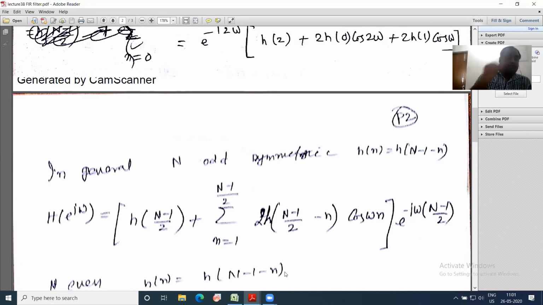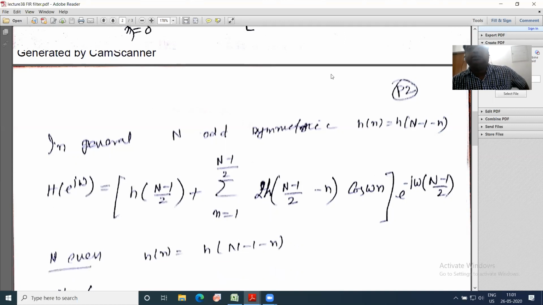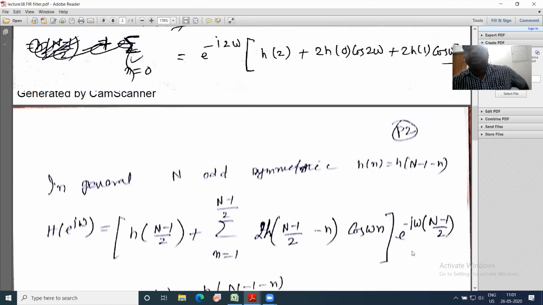You check whether it will be that or not. Suppose h of n minus 1 by 2 is 0, this term will be 0.